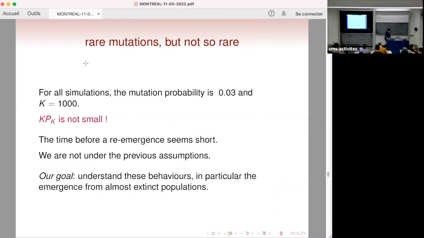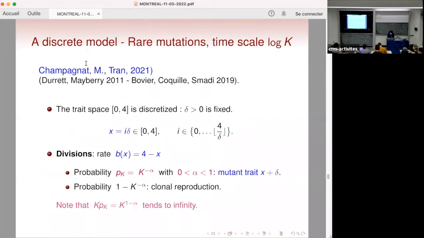We will first try to develop some model based on probability, stochastic, and you will see that it's not so easy. Our aim here was to understand the first re-emergence of the optimal trait.